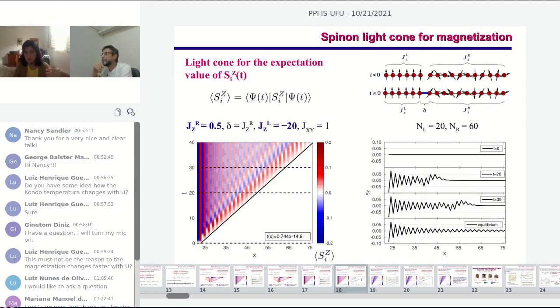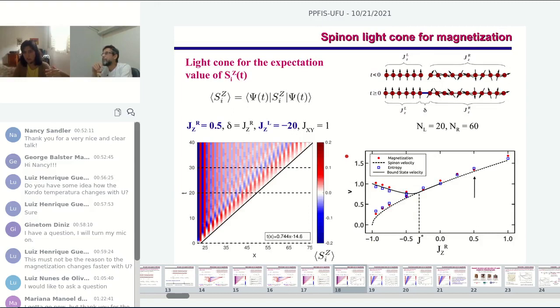If we do so, then we can build a plot of velocity as a function of Jz. The one that I'm showing on the left corresponds to the red dot here, not the square, right? So this comes from our numerical results out of equilibrium.